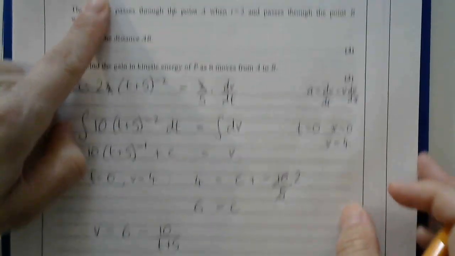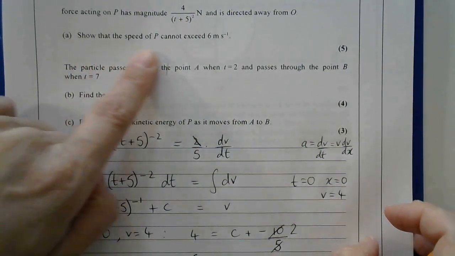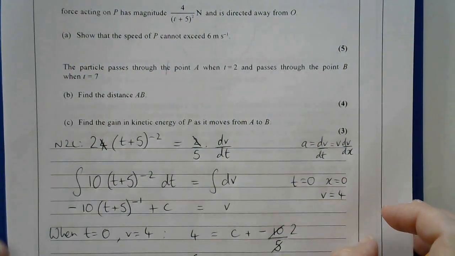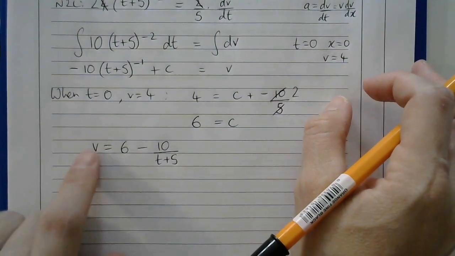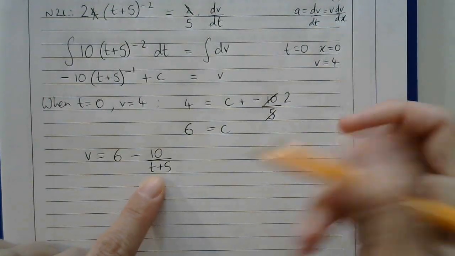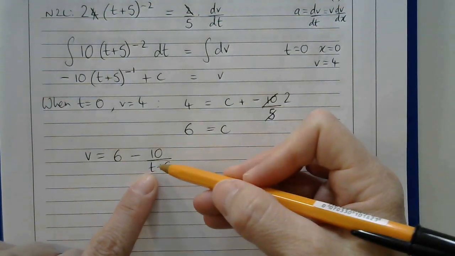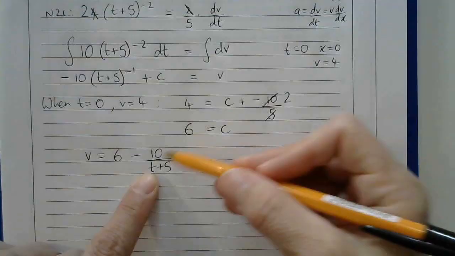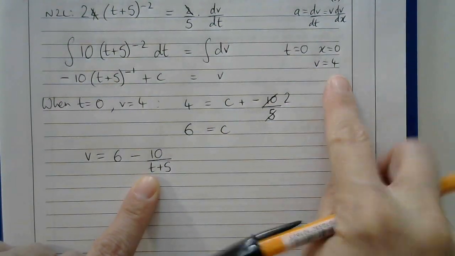Now, the question was actually asking me to show that the speed of P cannot exceed 6 meters per second. So I need to think about what will happen as I vary the value of t. Well, when t is 0, I'll just get 6 minus 2, which makes the 4 that they told me about.